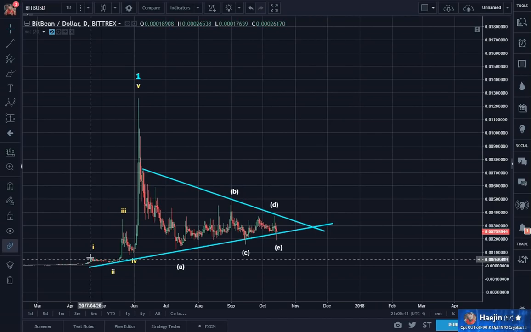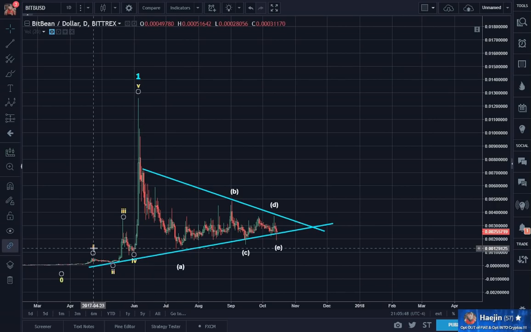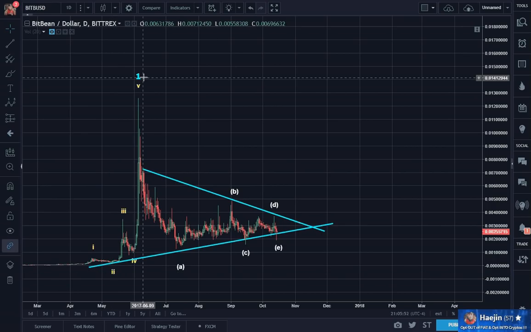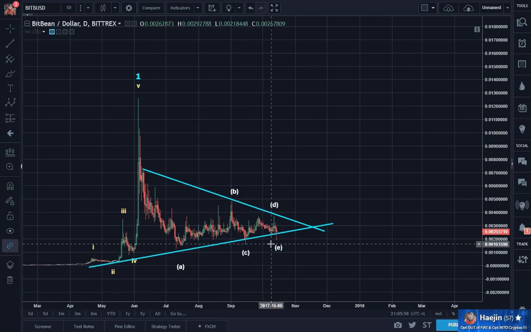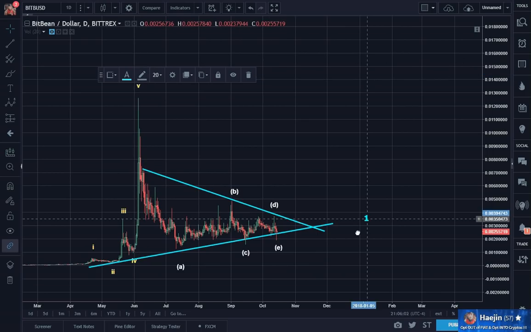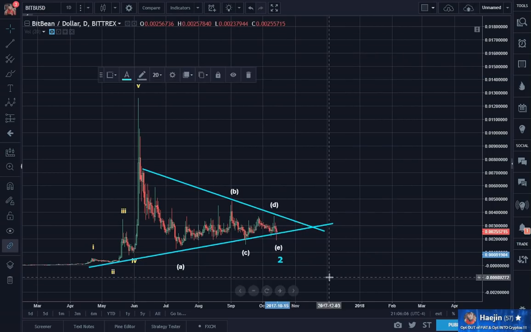So here, these subwaves of 5 become subwaves of 1. Just like here, wave 1 led to wave 2. So this blue level wave 1 has to lead to wave 2. And this A, B, C, D, E can become the subwaves of wave 2.